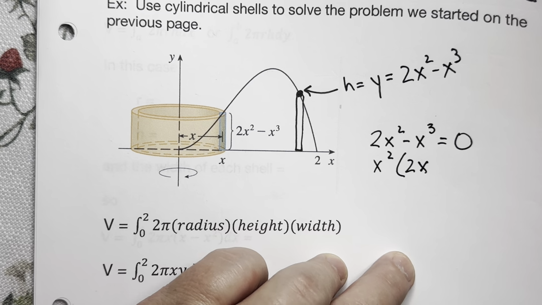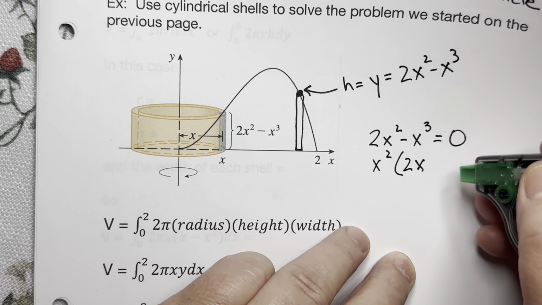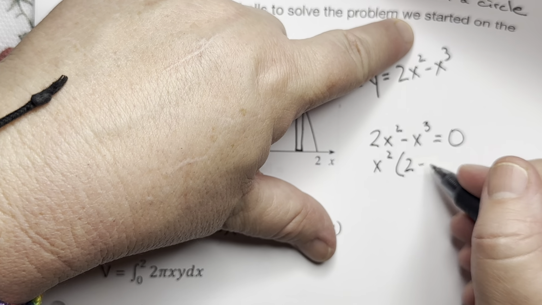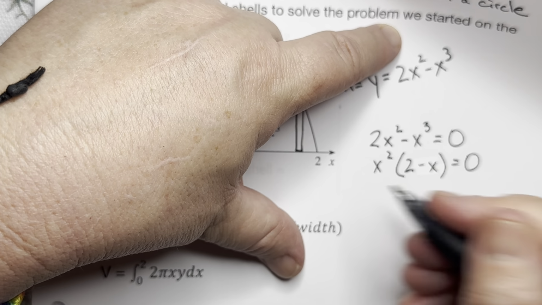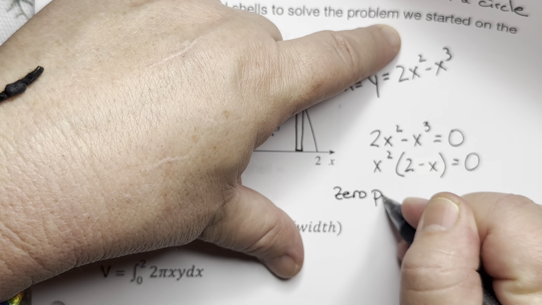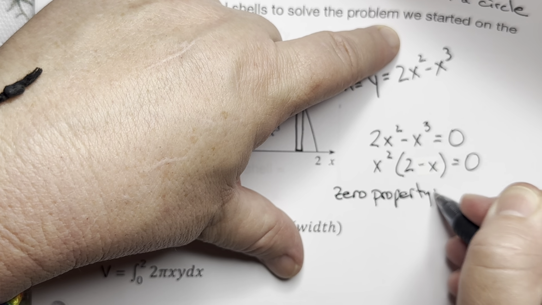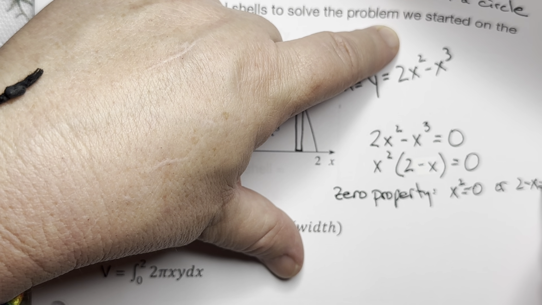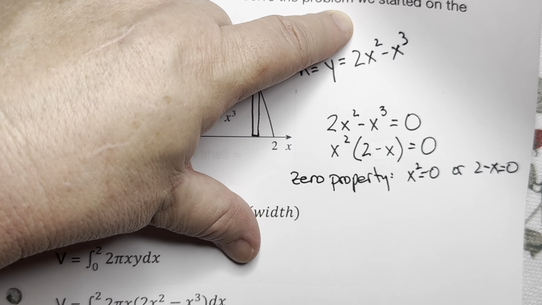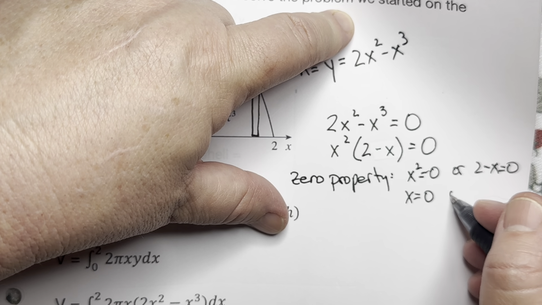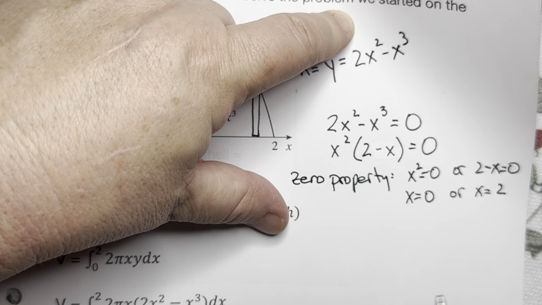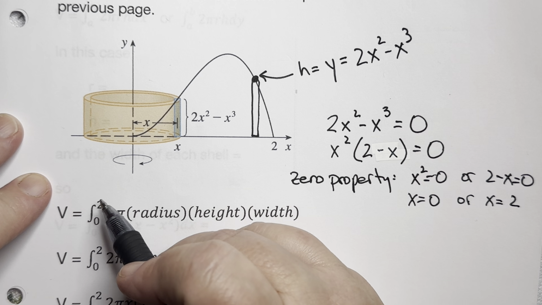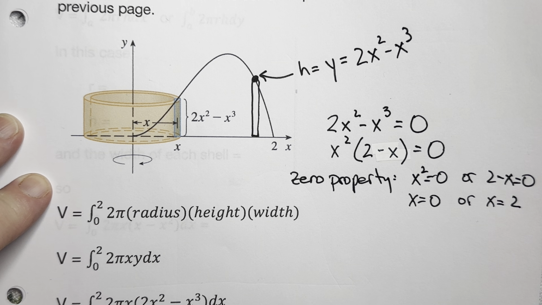Oops, sorry. No, you wouldn't. What would you get? No, you would not. You would get 2, if I factor out an x squared, minus x. And then by the zero property, either x squared equals 0 or 2 minus x equals 0. Can you guys see that? Not quite. There we go. So x equals 0 or x equals 2. And so that's how we get these 2 points. That's how we get the lower and upper limits for the integral.